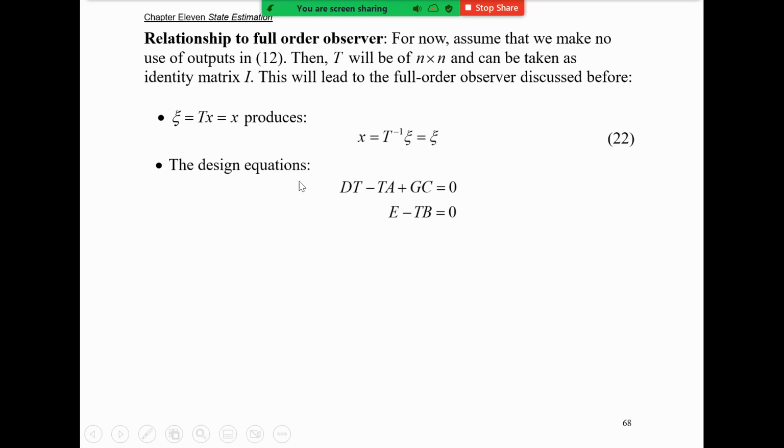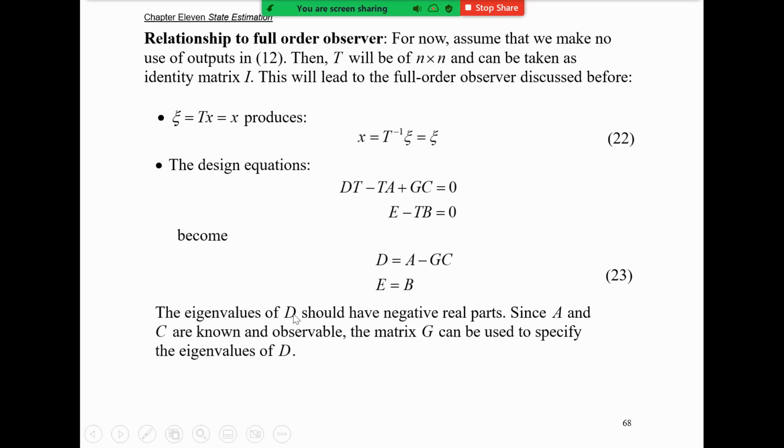Okay, and then let's look at the design equations for the reduced order. If T is an identity matrix, what we have is D is A minus G times C. Then the eigenvalues of this D, we know, okay, because we know the final equation is E dot equals D times E, right?